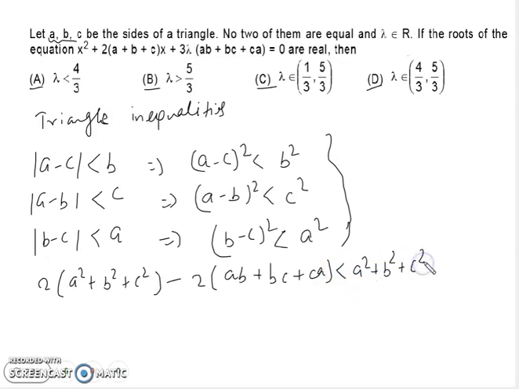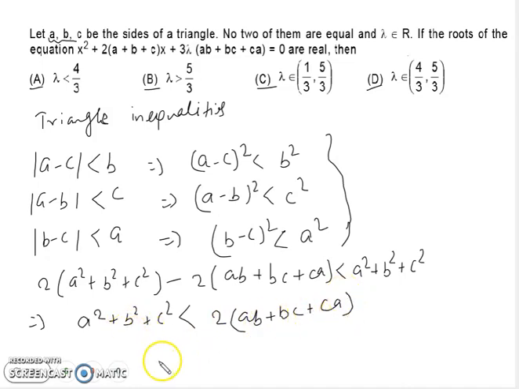Now we send the a² + b² + c² terms to one side and the rest to the other, so we get a² + b² + c² is less than 2(ab + bc + ca).